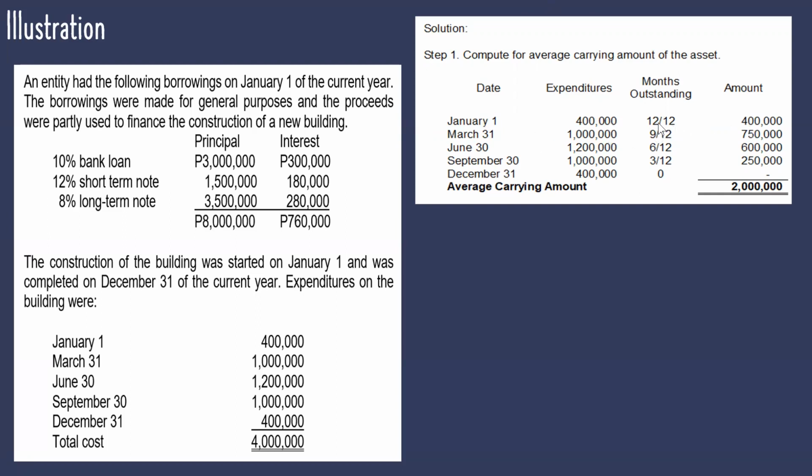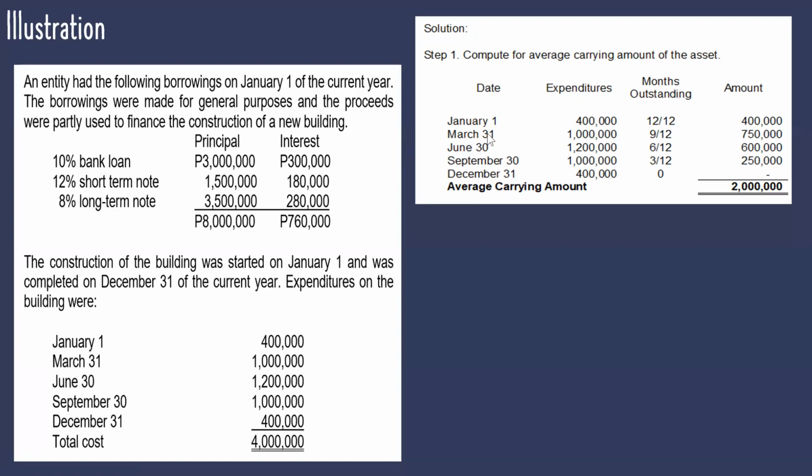For the months outstanding, you simply count how many months the expenditure has been outstanding, from the moment you incur it until the cut-off period, which is December 31. For example, if the 400,000 was incurred on January 1, it is outstanding for 12 months, divided by 12 months in a year, so you'll have 400,000.